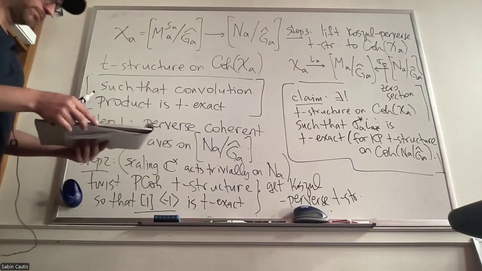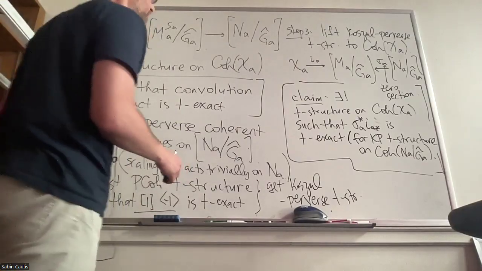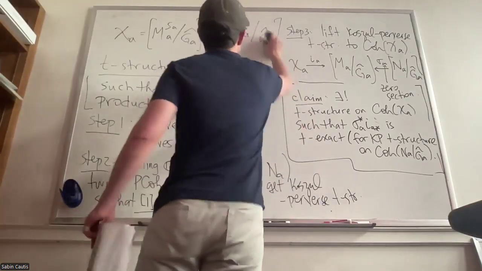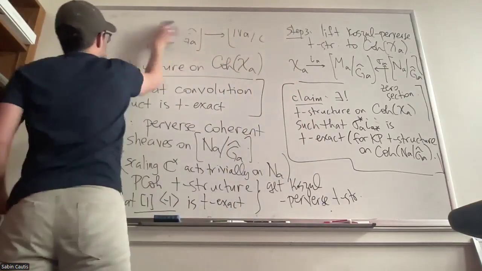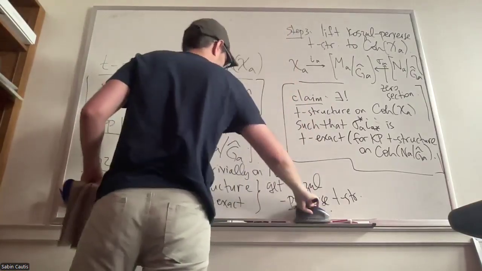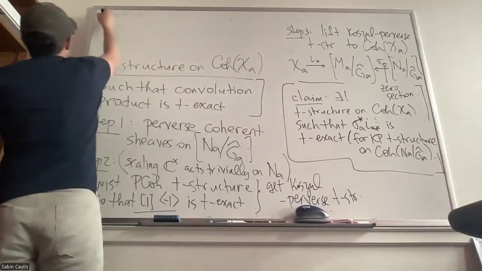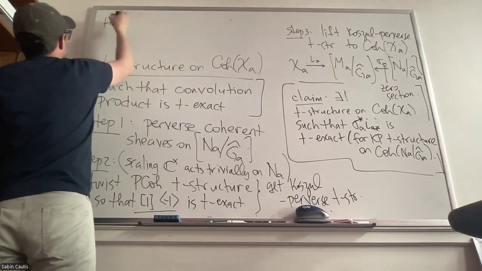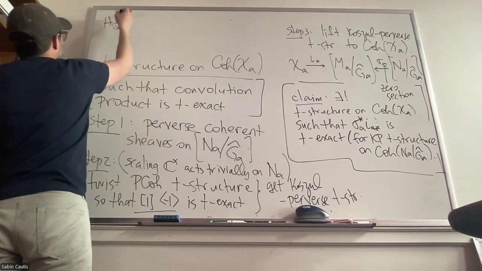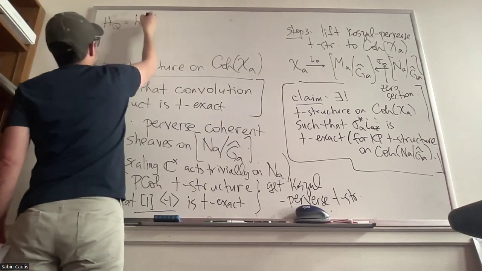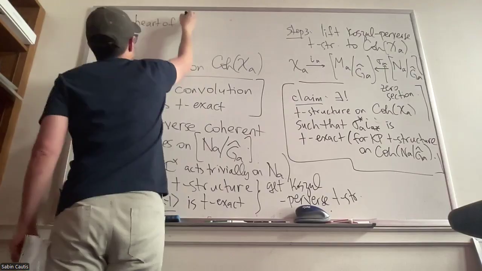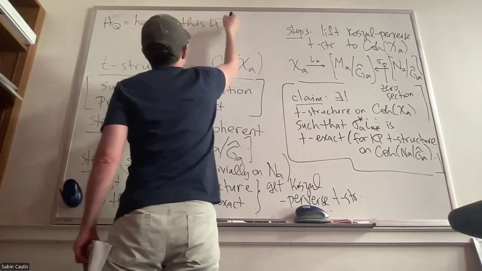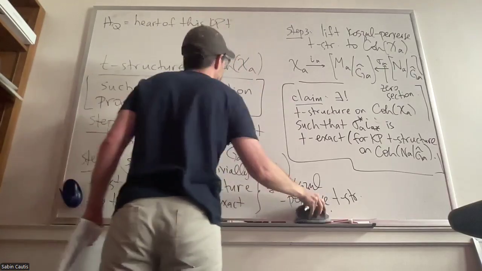Then in particular, the category we're interested in, which is what we started with, is just the heart. The Abelian category we're interested in is just the heart, HQ, the thing we started with at the beginning, the heart of this causal perverse T structure.